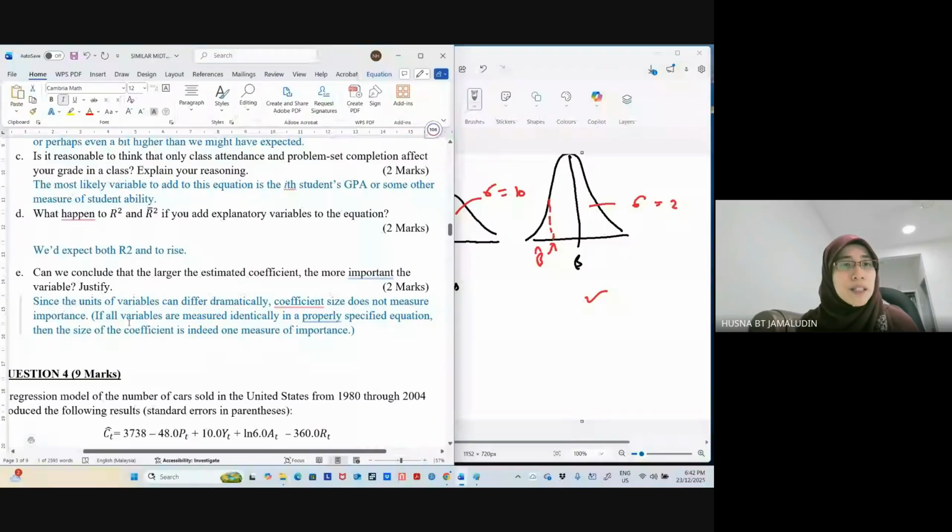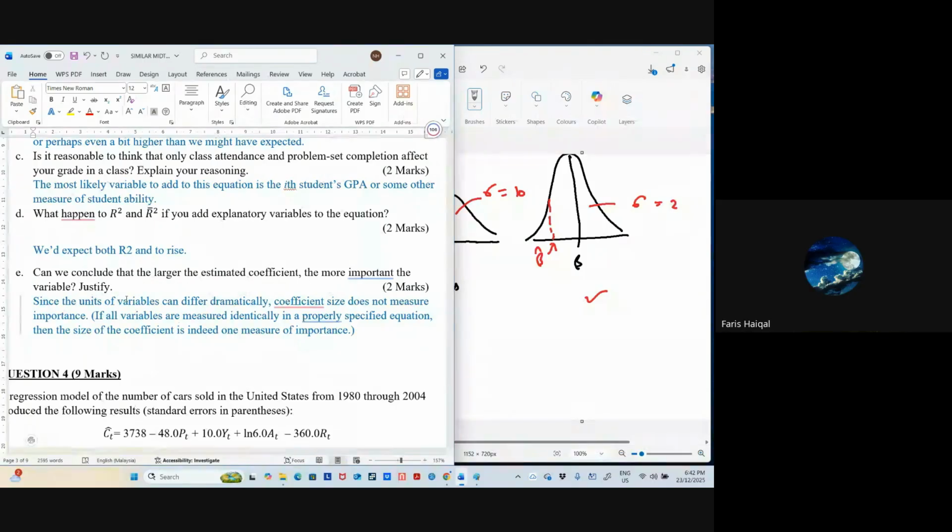That's why you put here: if all variables are measured identically, then indeed the size of the coefficient measures importance. But remember, if you put variables measuring the same thing in the equation, what happens? Multicollinearity.